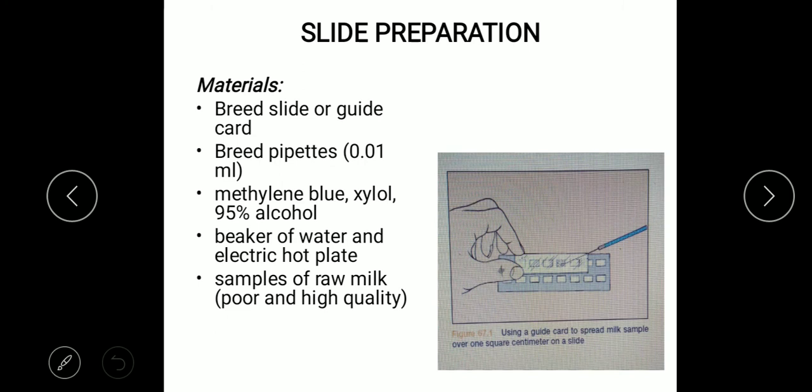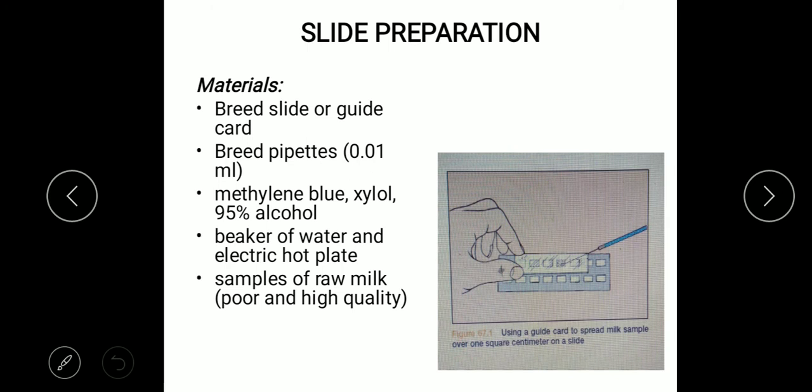After that, we will allow the slide to air dry and then place it over a beaker of boiling water for around 5 minutes to steam fix it. Then we will flood the slide with xylol to remove fat globules, because there might be a high chance of fat globules being present.